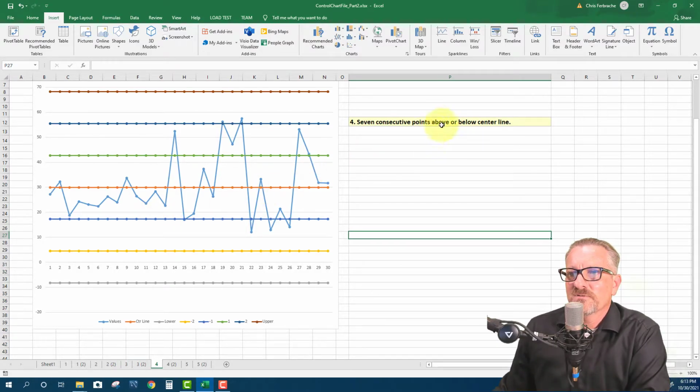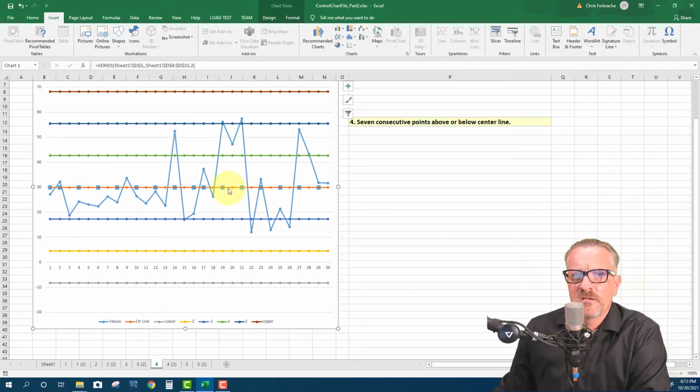And so when we look at this one, it says 7 consecutive points above or below. And so this is our center line. And so we're looking for 7 consecutive. There's not 7 consecutive above for sure, because they keep dropping back.